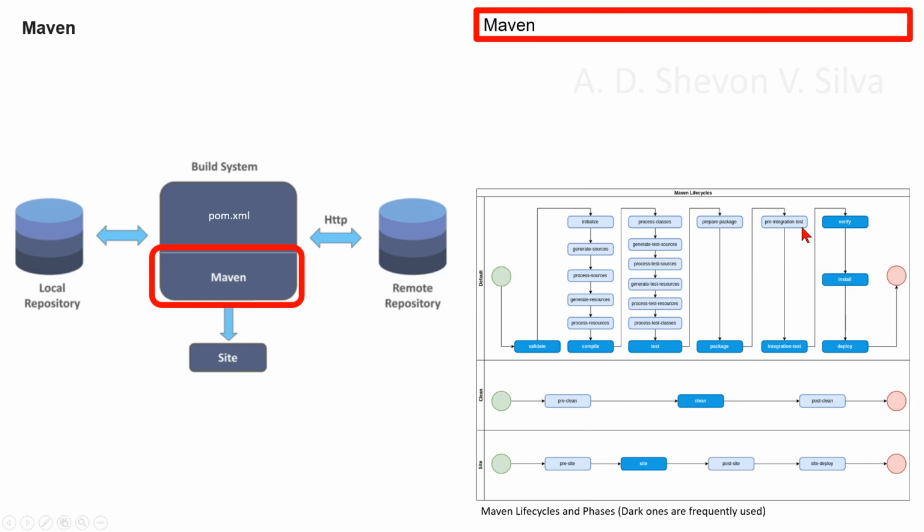Pre-integration test: perform actions required before integration tests are executed. This may involve things such as setting up the required environment. Integration test: process and deploy the package if necessary into an environment where integration tests can be run.